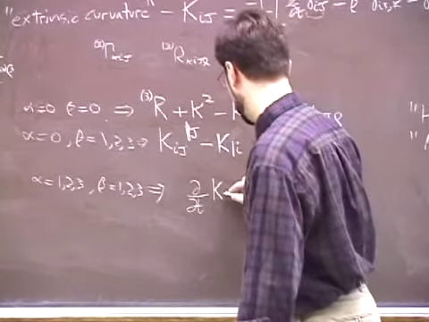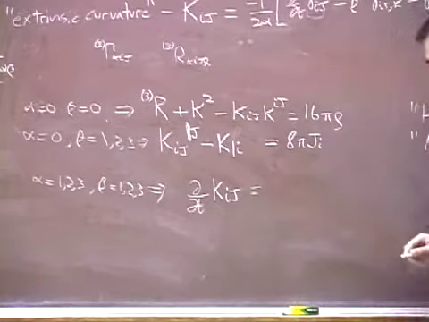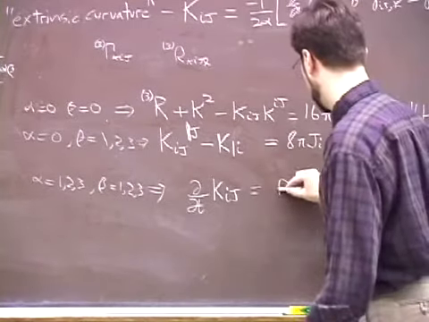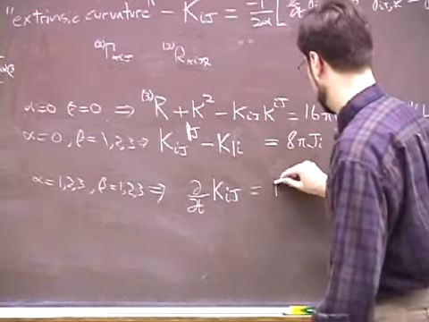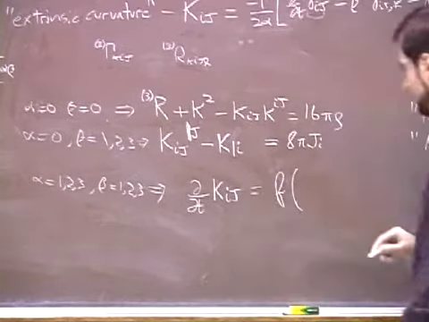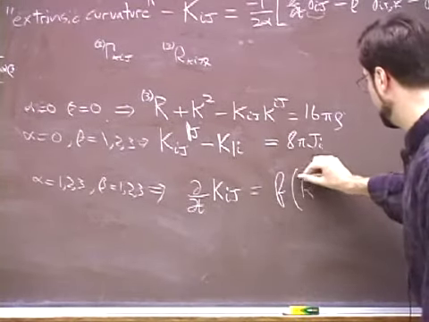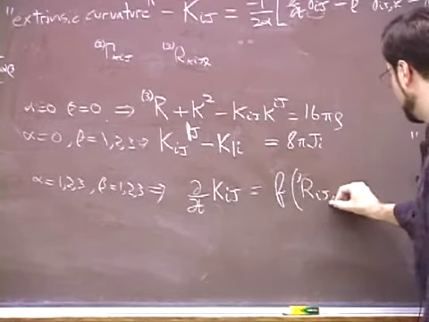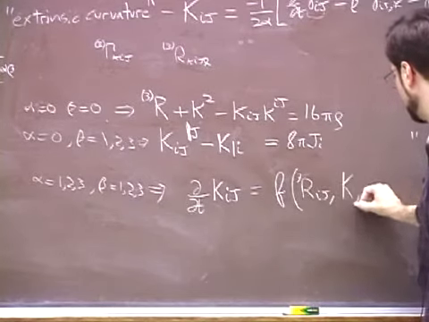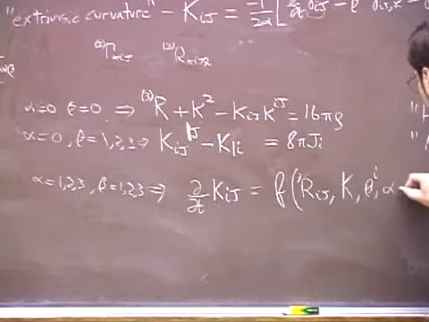So you get d by dt of Kij is going to equal some function of, it's going to have a three-dimensional Ricci tensor in it. It's going to have K's in it, it's going to have betas in it, and it's going to have alphas in it.